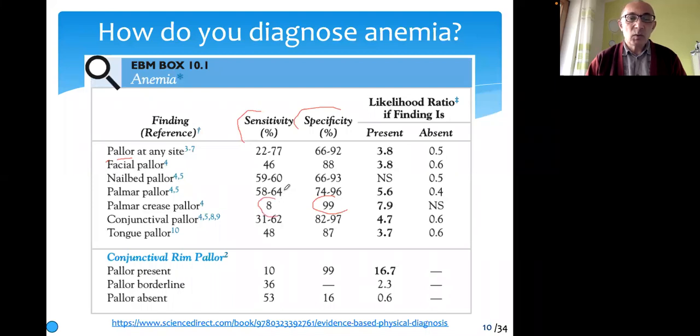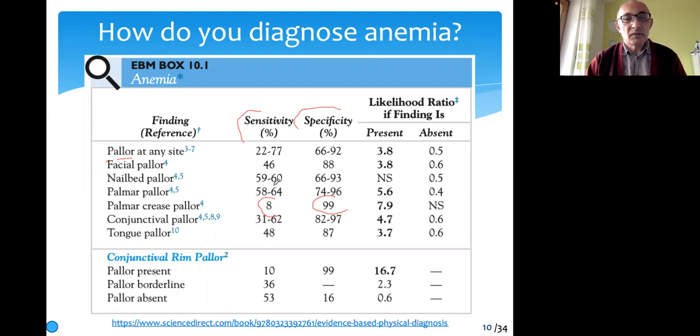Since we want to rule in patients instead of ruling out, we want to diagnose, and our main purpose is to diagnose an anemia condition. There we would probably prefer tests with higher sensitivities like nail bed pallor.